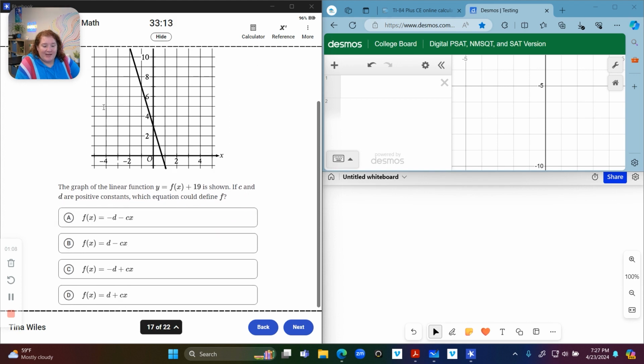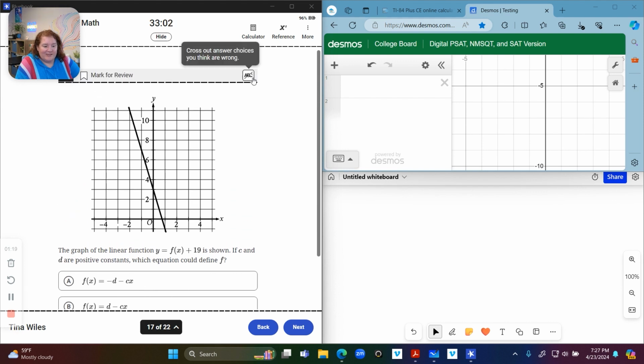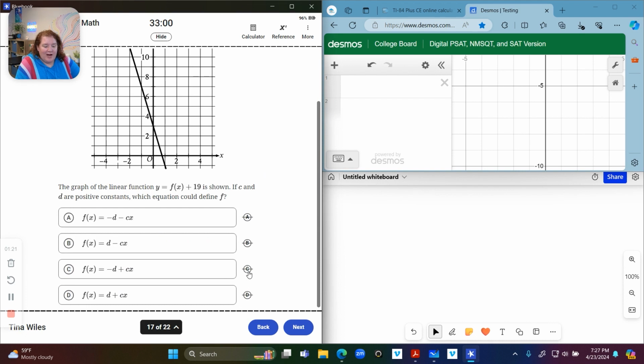So they're saying they're positive, but this slope is obviously negative. So it means that c has to be either a or b, like it has to be negative c because the slope is negative. So I am going to eliminate choices c and d. And then when I go through and look here, if this graph is f of x plus 19, that means my original graph doesn't have the plus 19 at the end.